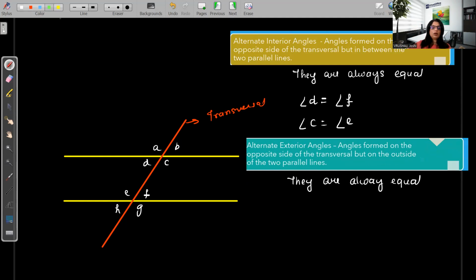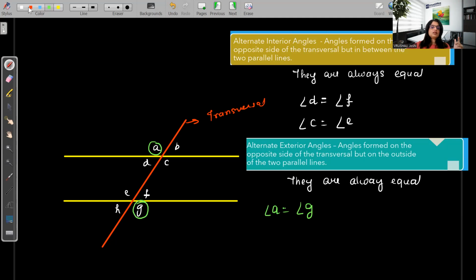Now, which angles are we talking about? We are talking about angle A and its opposite, that means G. Angle A is equal to angle G. They are on the opposite side of the transversal, on the exterior of the parallel lines, the outside of the parallel lines, correct? All right.